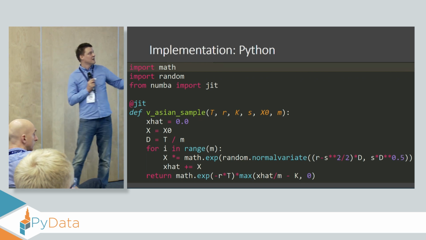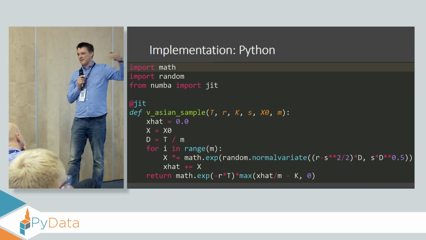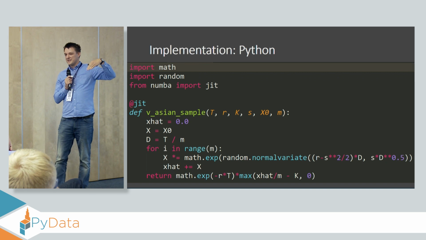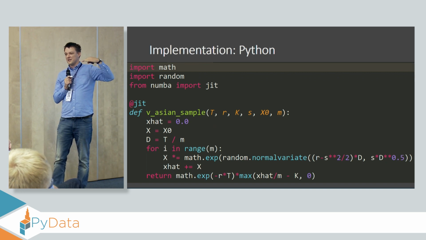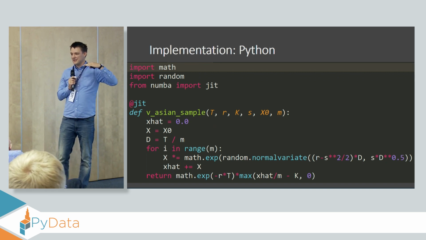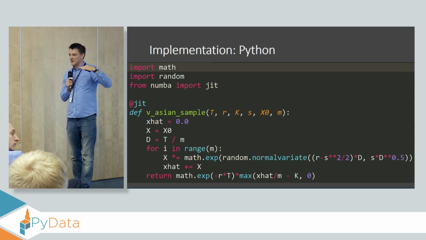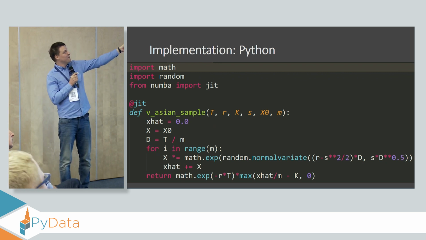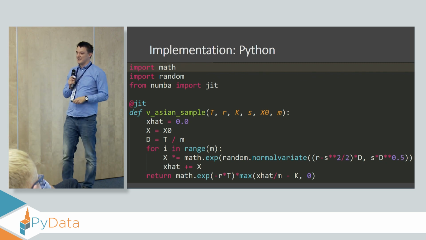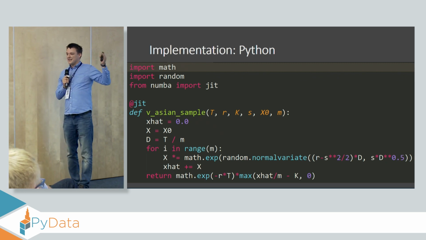First is that not every Python code is a valid Numba code. And the second thing is that not all expressions in Numba and in Python actually mean exactly the same. Which means that in this case, if I add this JIT, it does not change anything.